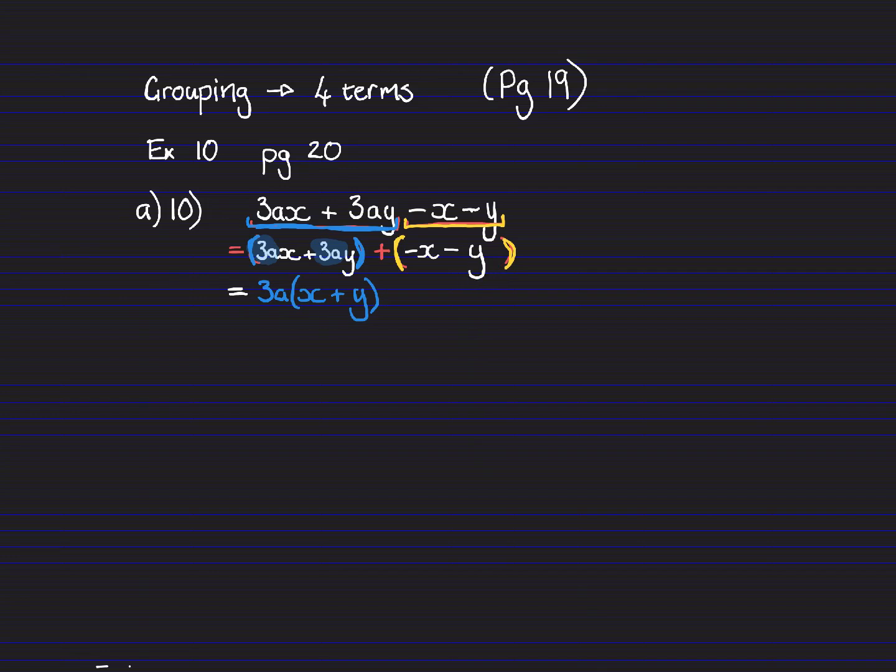Yep. So to talk through what that means, I have a bracket that is negative x and negative y. It does have a coefficient of 1 in front of it, which means I can take out the common factor of -1. And I'm left with x plus y. But we can also think of it as changing the sign, which is part of grouping generally.